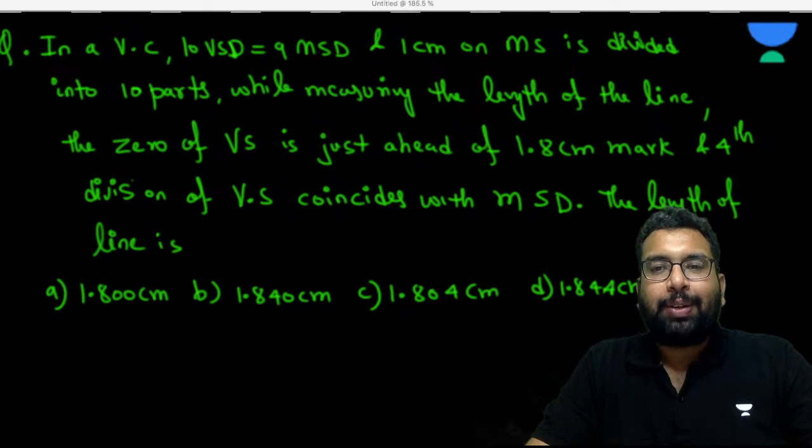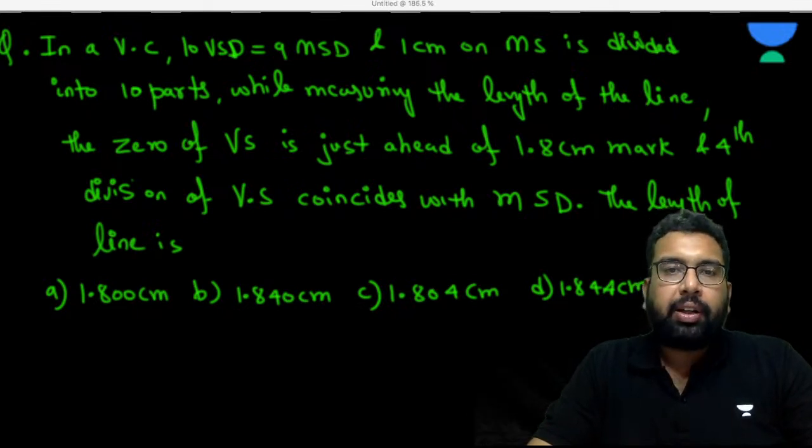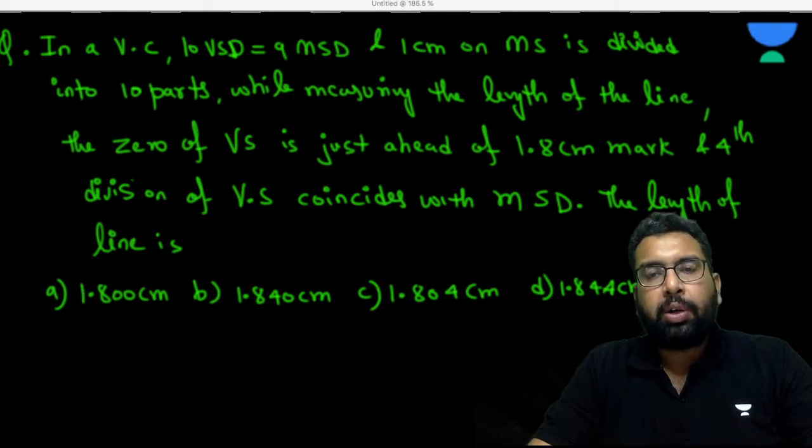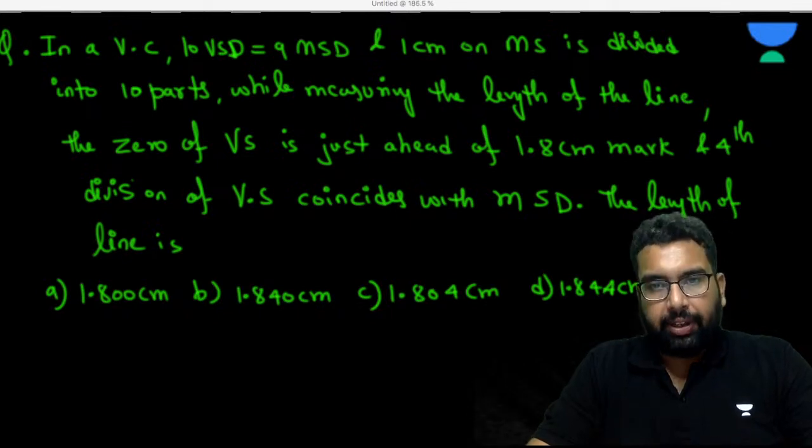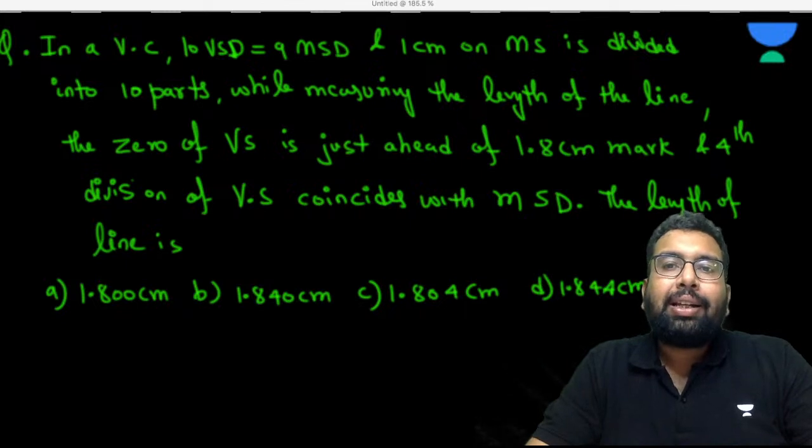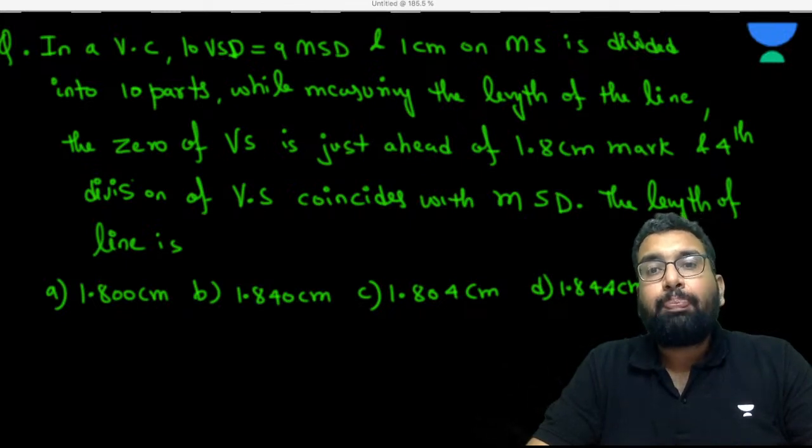So how can we do it? It says that in a Vernier caliper, 10 Vernier scale divisions are equal to 9 main scale divisions, and 1 centimeter on the main scale is divided into 10 parts.